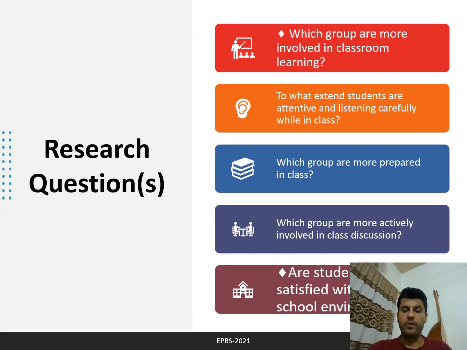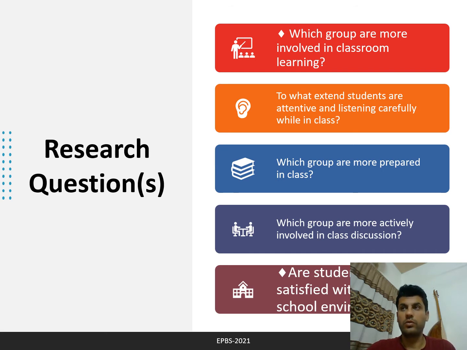So the questions of the research are: which group is more involved in classroom learning? I mean, to what extent are students attentive and listening carefully while in class? Which group is more attentive? And which group is more prepared before going to the class?